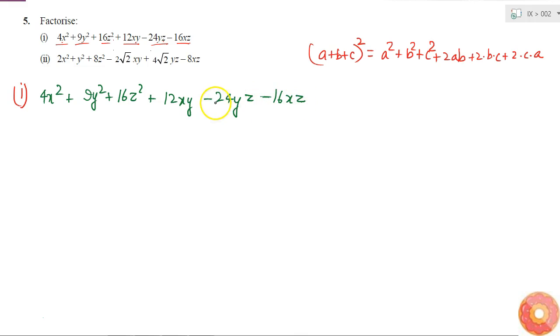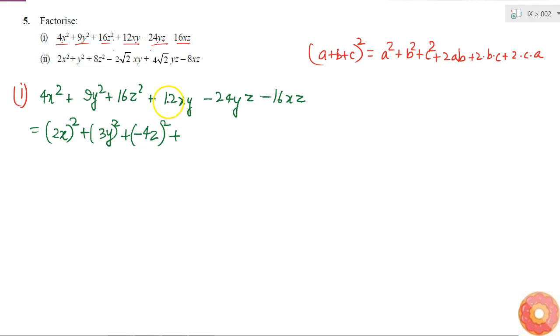So I will write 4x square as (2x) whole square, 9y square as (3y) whole square and 16z square as (4z) whole square. But instead of 4z, I will treat it as minus 4z, because (minus 4z) square is also 16z square.